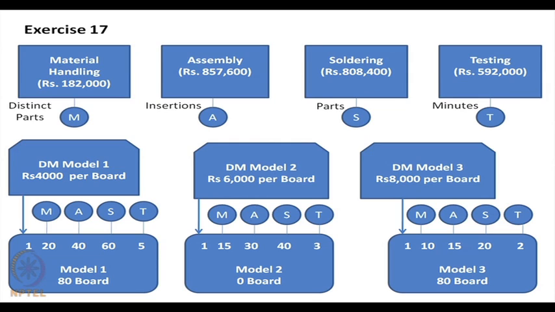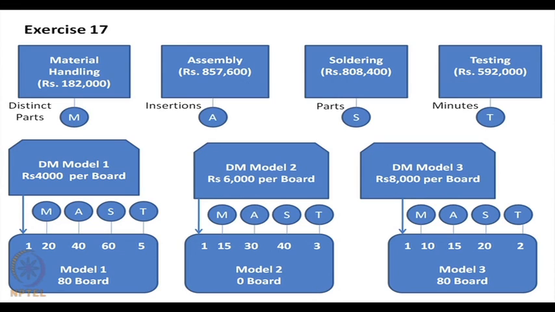Now, we come to an example of activity based costing. This is the last exercise that we shall take up today. If you recall, this one was not completely done in our last lecture, but this problem was nevertheless discussed.